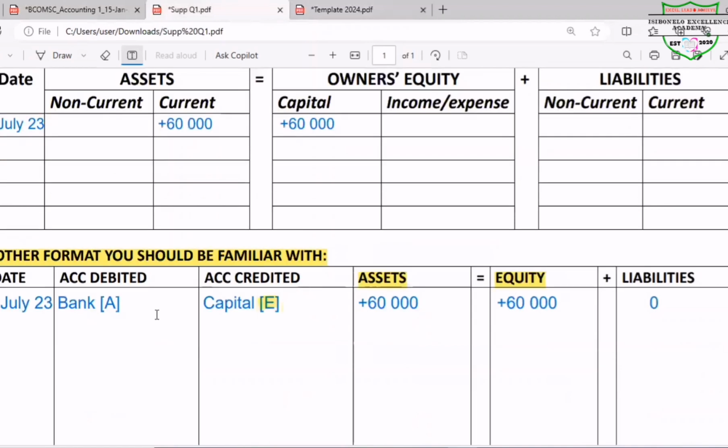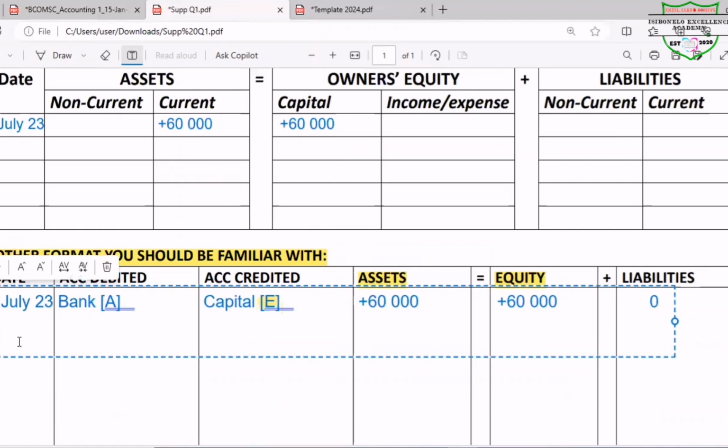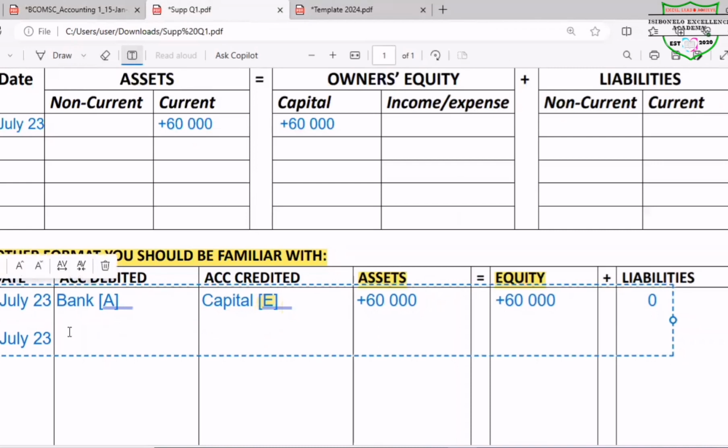So we're going to use this method first. So the date is the 2nd of July 2023. So the account that is debited is the asset account, which is equipment.